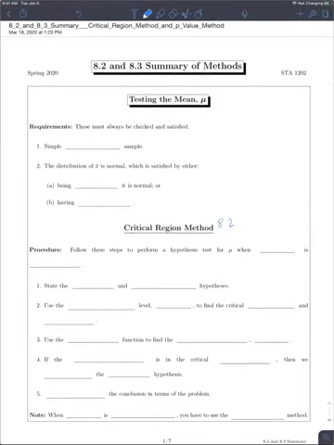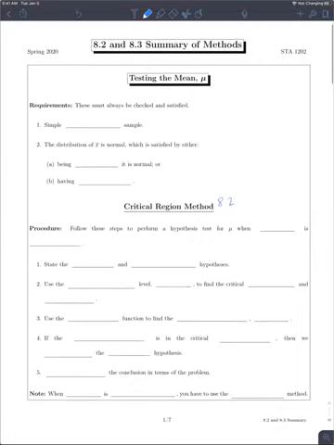The requirements every single time you're testing the mean, regardless of whether you know sigma or not, are the two things you have to check for. What kind of sample do you always absolutely need to have? It absolutely has to be random. And then you need your X bar distribution, that sampling distribution, to be normal.